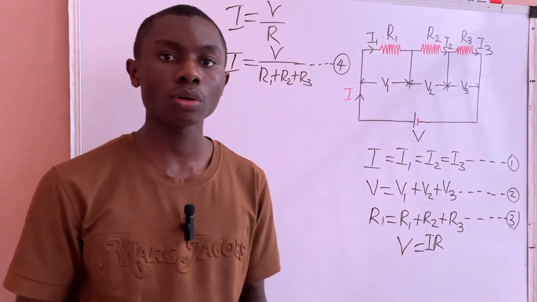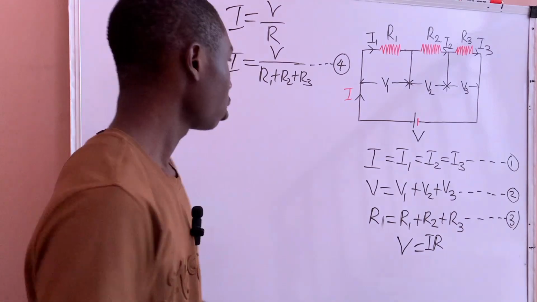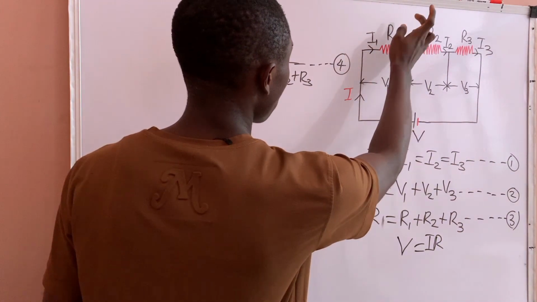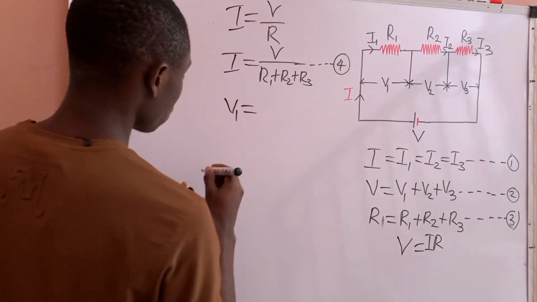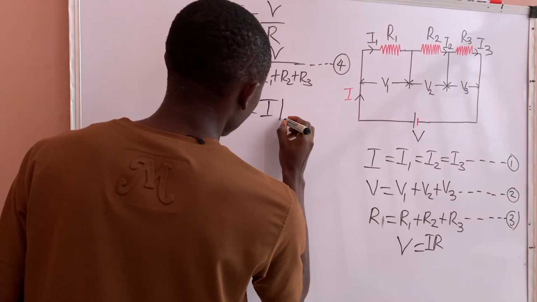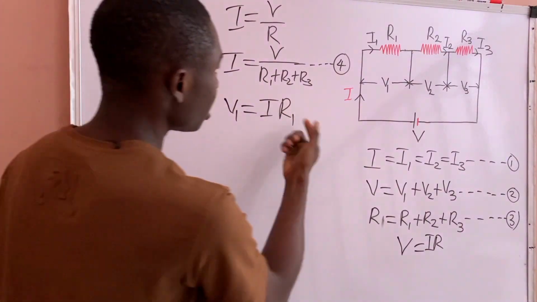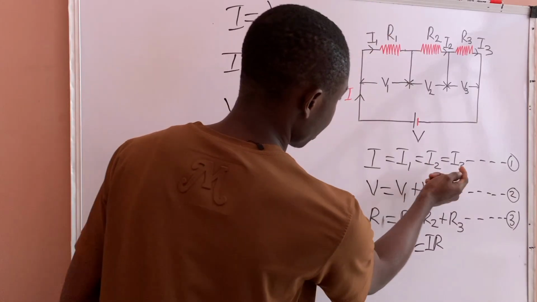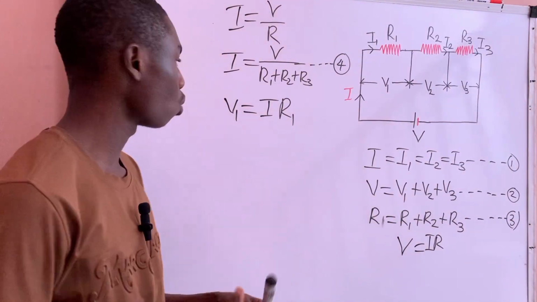Since we now know the value of current that is the same in the network, we can find the voltage drop across the individual resistors. With respect to Ohm's law, the voltage that drops across R1, which is V1, is equal to I multiplied by R1. But remember, I is the same as I1, I2, and I3, because current is the same in a series network.